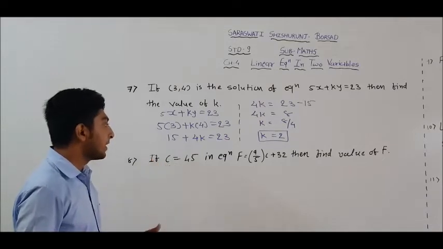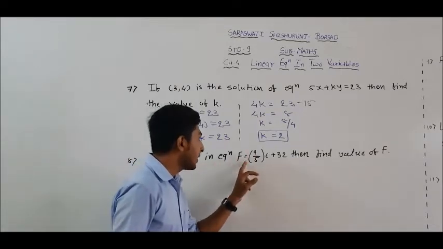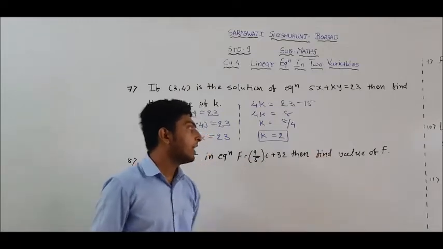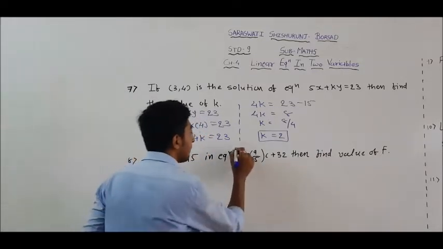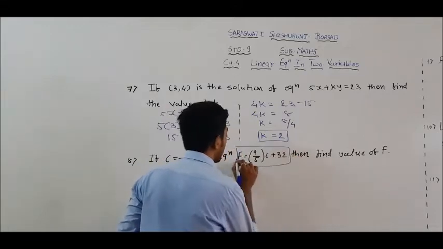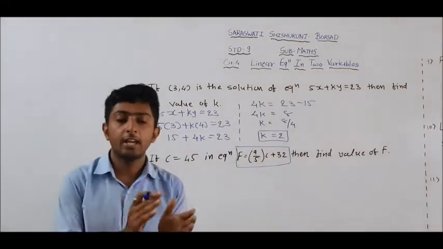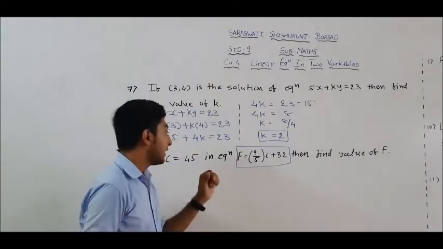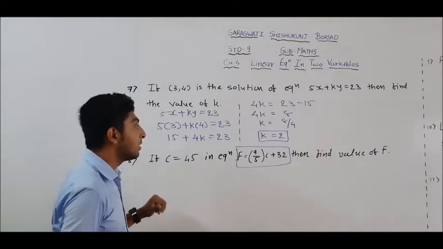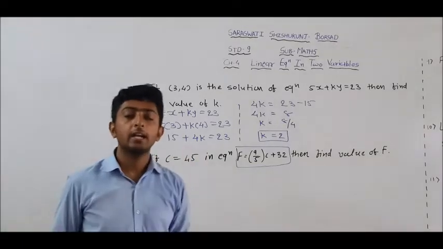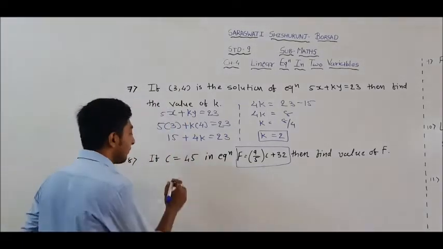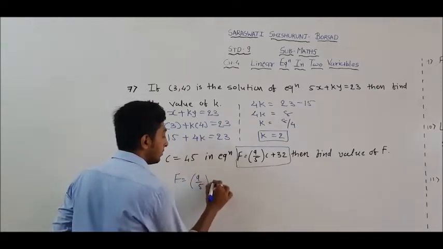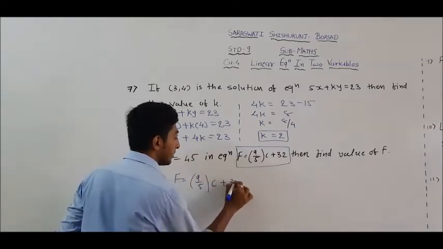If C equal to 45 in the equation F equal to 9 by 5 C plus 32, then find the value of F. Friends, this is the formula to convert temperature from Fahrenheit to Celsius or Celsius to Fahrenheit. This is the formula. Now here it is given that C equal to 45, then I have to find the value of F. So first of all, F equal to 9 by 5 into C plus 32.